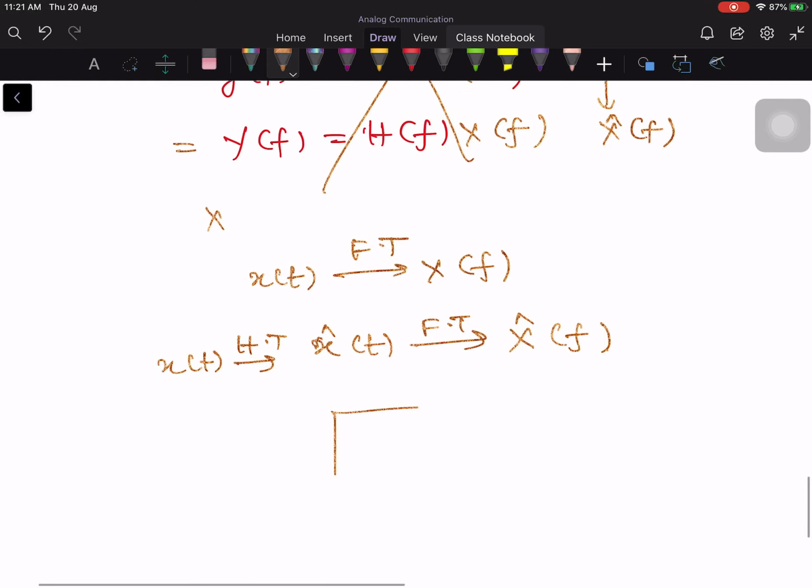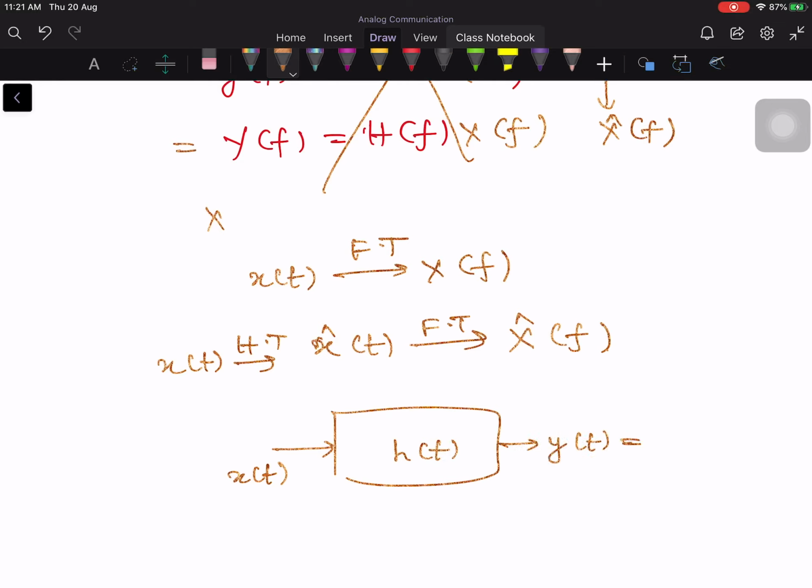Now this is your Hilbert transform filter. The input is x of t, and this is your h of t, and the output is y of t, and that output will be denoted by x hat of t. Now what is x hat of t? X hat of t is h of t convolved with x of t.